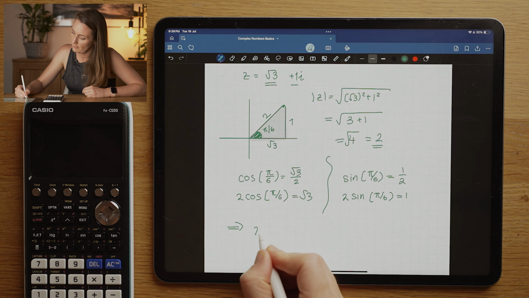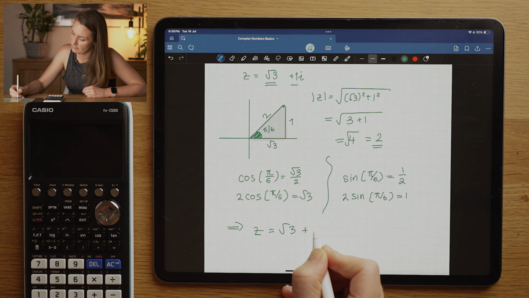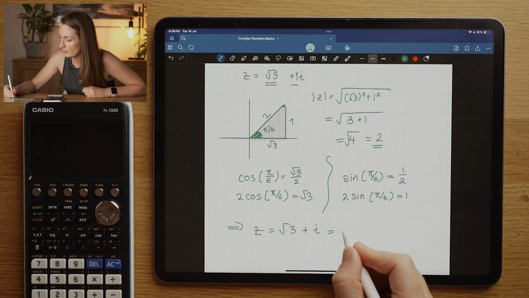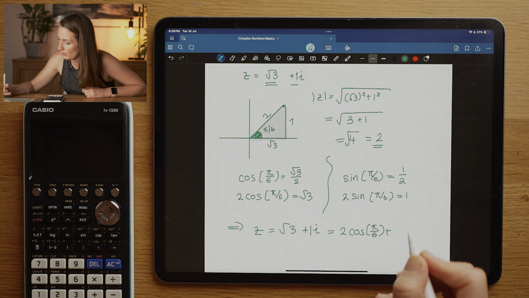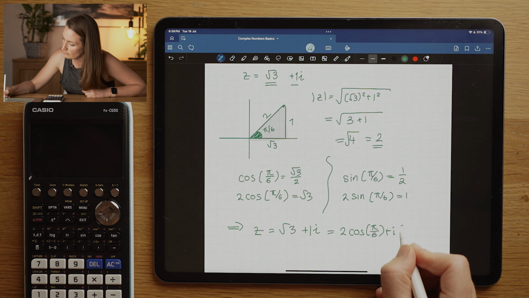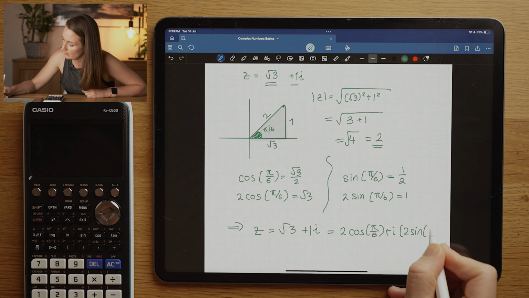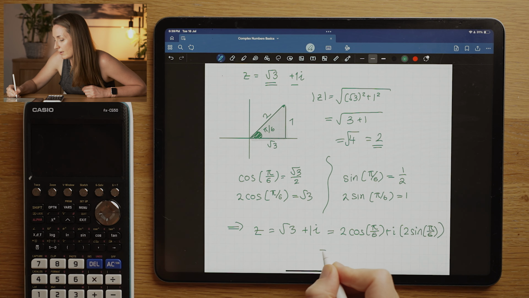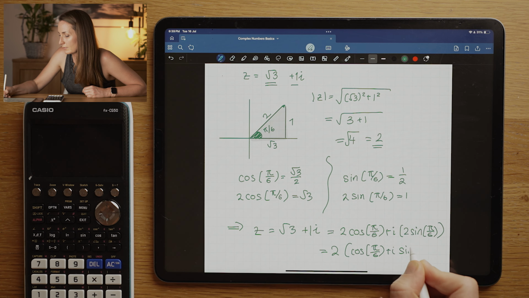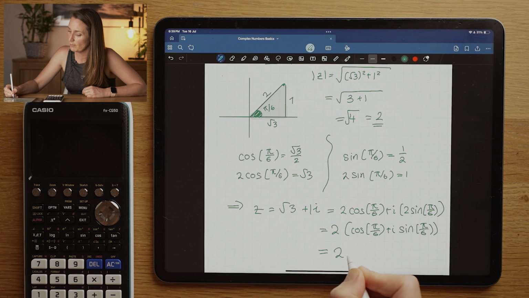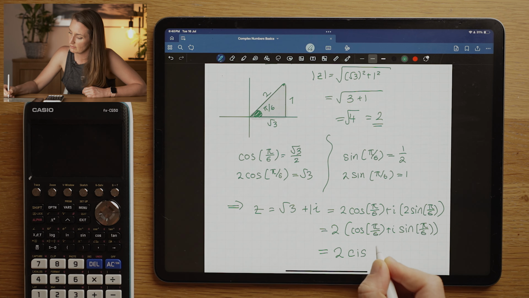Therefore, if z is equal to square root of 3 plus i, it's also equal to 2 cos pi over 6 plus, remember this is 1i, i times 2 sine pi over 6. And I can factor out the 2. And then we write that in an abbreviated form like this. You write 2 cis, and you just put the angle in here.